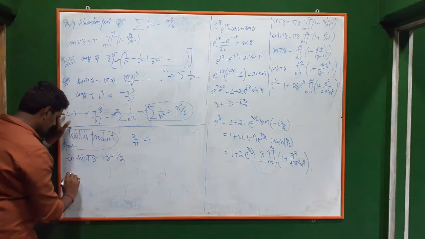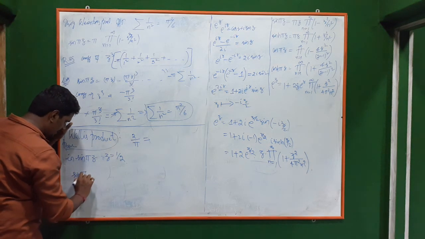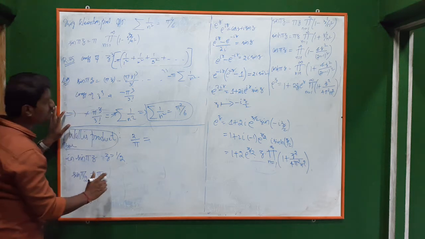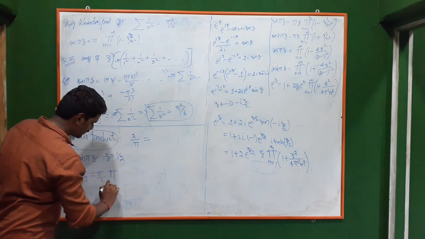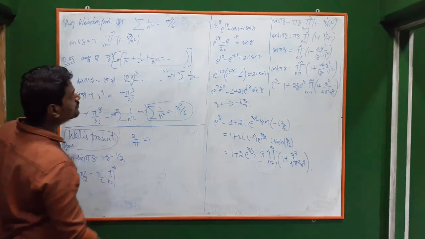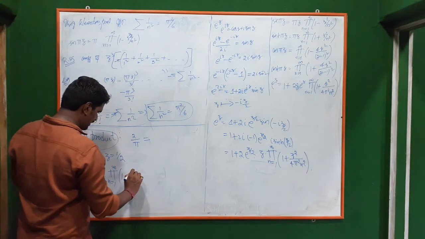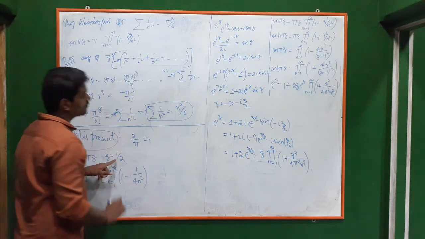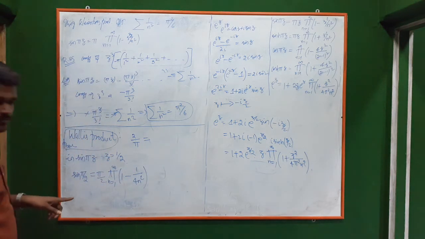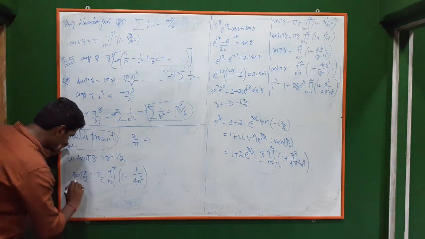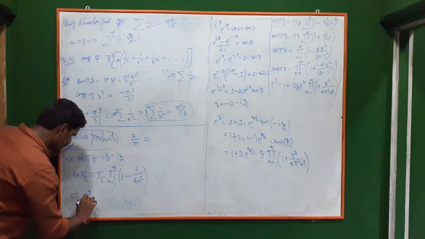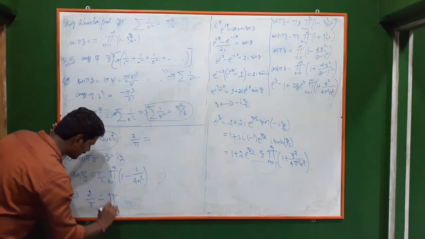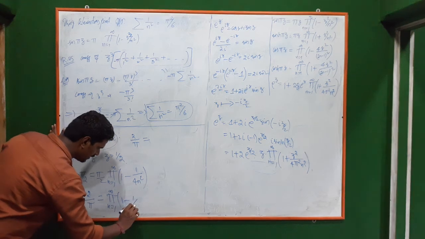Sin pi by 2 is equal to pi by 2 times the product n from 1 to infinity of 1 minus, with z equal to 1 by 2, 1 by 4n square. Sin pi by 2 is 1, so 2 by pi is equal to the product n from 1 to infinity of 1 minus 1 by 4n square.